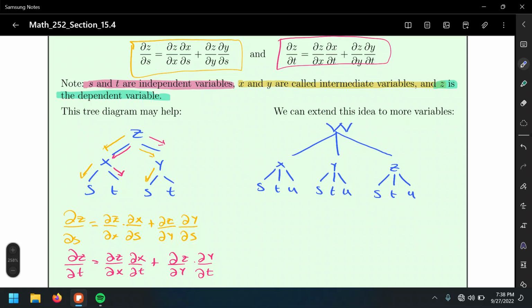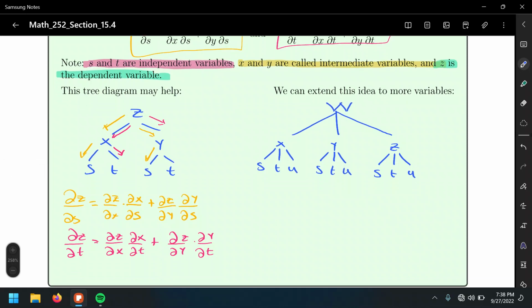Now, I'm going to do only one for this. Suppose we want to find the partial derivative. In this case, there are three changes. This function w would be changing with respect to three independent variables: with respect to s, with respect to t, and with respect to u.